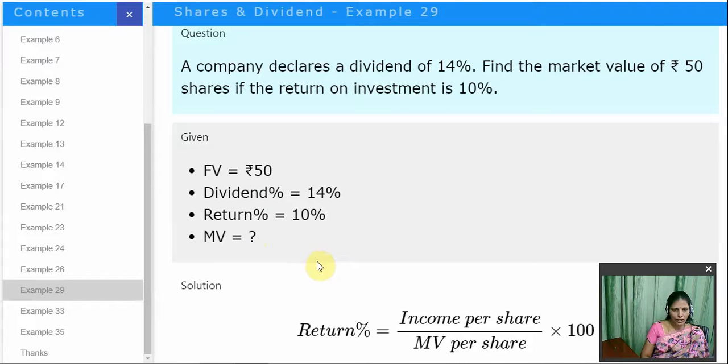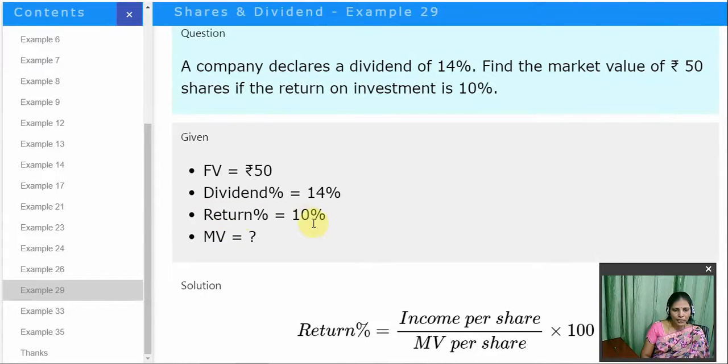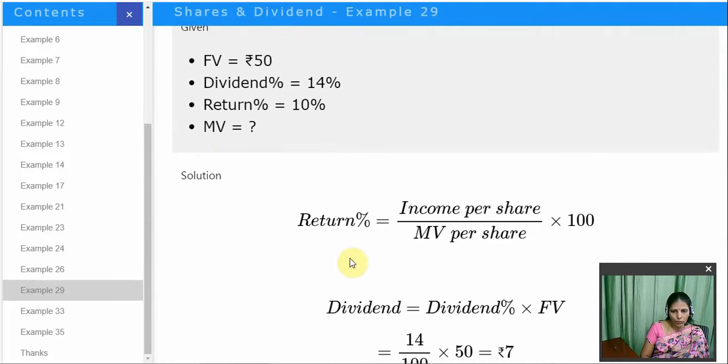Now we will look into the solution part. Here, the return percentage is given, and you need to find out the market value per share. So here I am using this formula as return percentage is given. Return percentage is equal to income per share by market value per share. Or suppose if the total income is given, here you need to write the market value of all the shares.